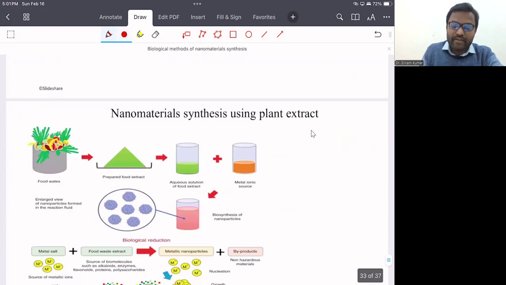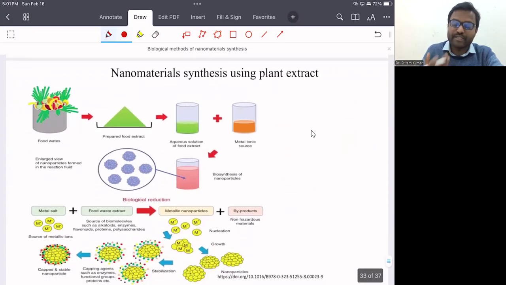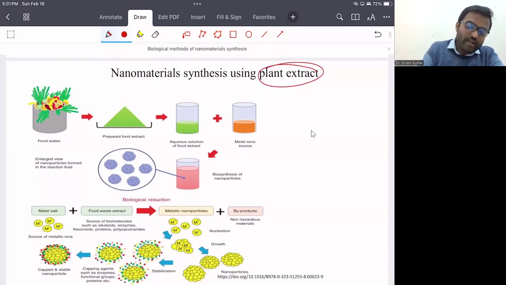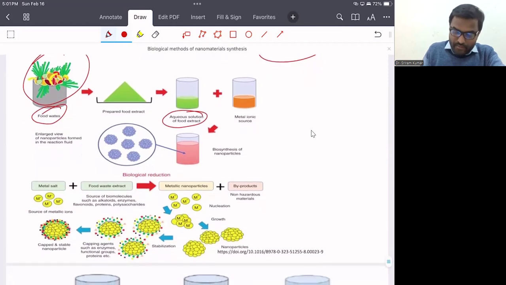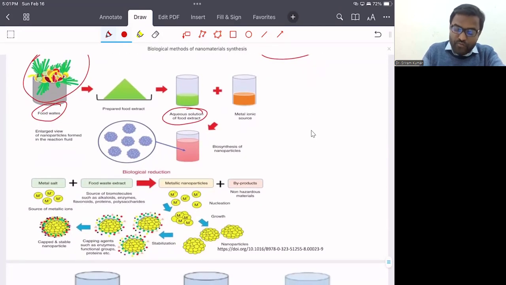So now let's understand how we use plant extract to synthesize nanomaterial. What happens here is we extract the very important active materials from food waste. So from that food waste, we can extract important chemicals from that plant. In this food, what kinds of things will we have?